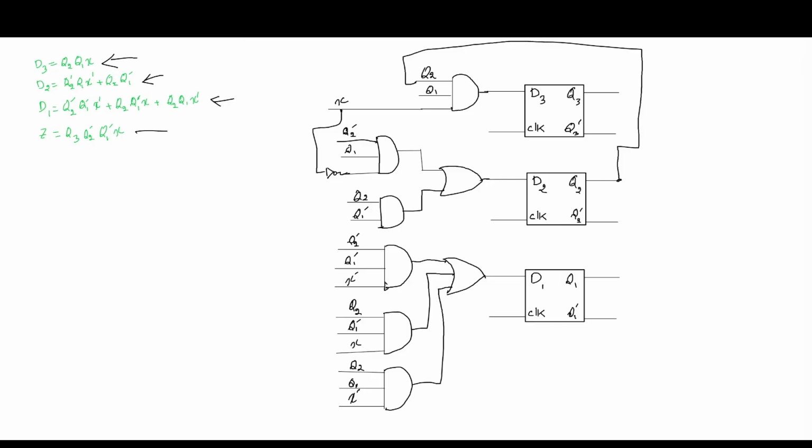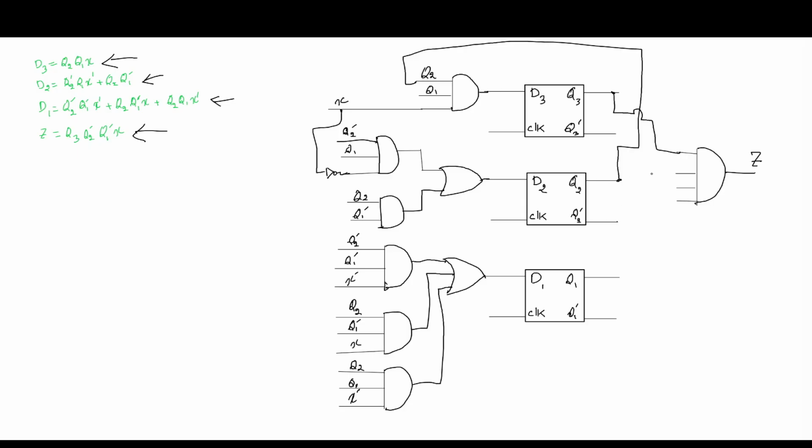So lastly, let's do the output. So for Z, we need an AND gate. The output, we call it Z. And then this AND gate takes 4 inputs. So this is 1. So we need a Q3. We can take a Q3 from here. We need a Q2 prime. We have Q2, we have Q2 prime. We can take it from here.